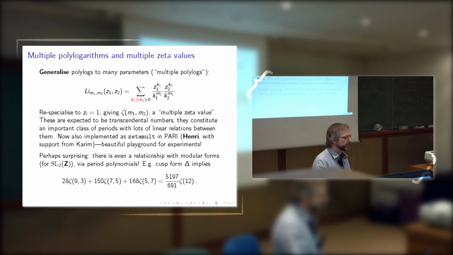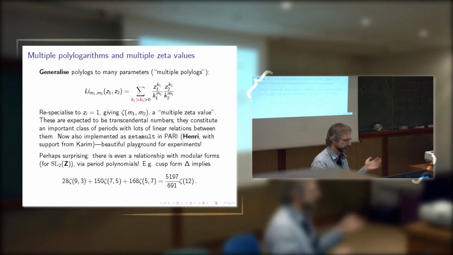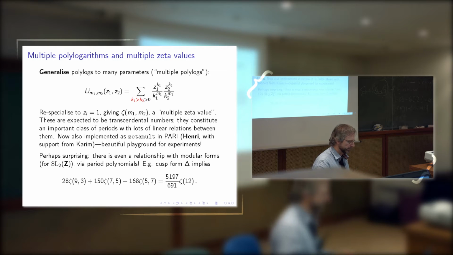And so they are what's called a class of periods, so integrals of rational differential forms with rational coefficients over a domain that is given by, say, rational boundary conditions.